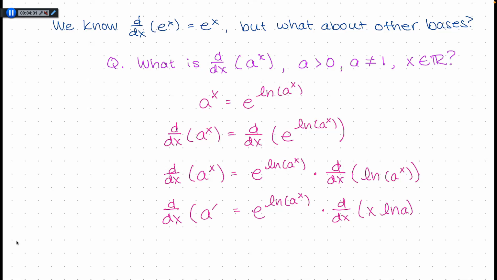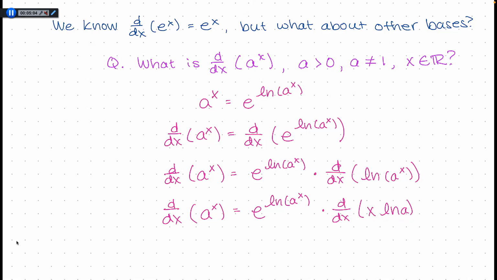Again, the left-hand side's not changing because that's what we're trying to find. But to make this easiest, we don't have to do this, but it definitely makes it easier, so it's a good idea. Use your properties of logs to move that exponent out in front. And then it doesn't look like it, but this is just x times a coefficient. The natural log of a is some constant.